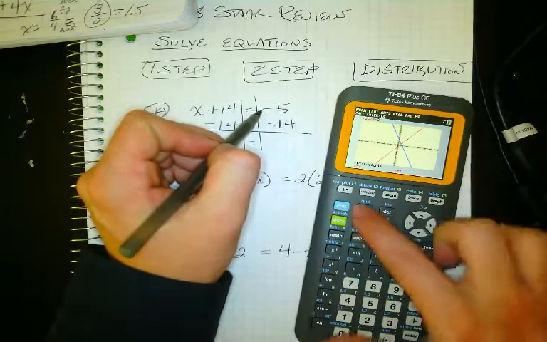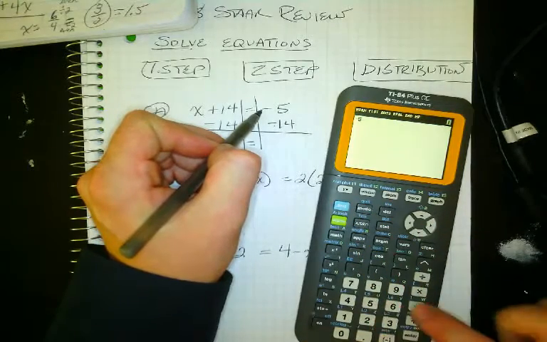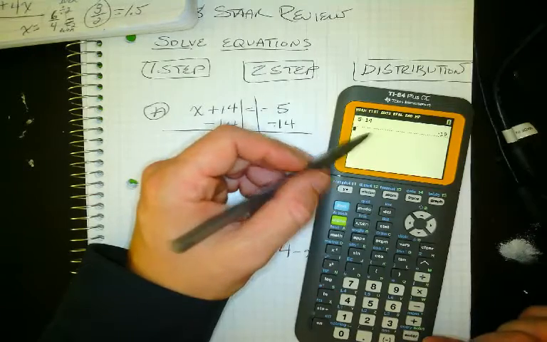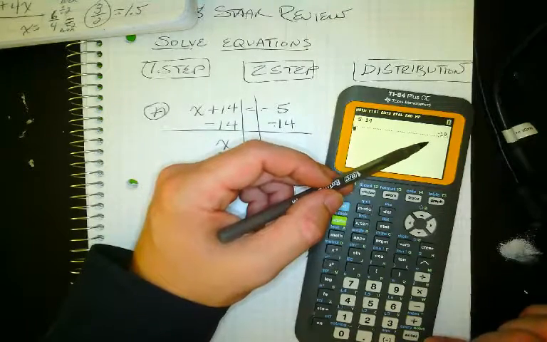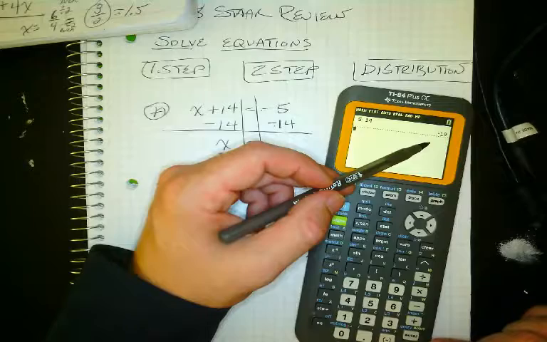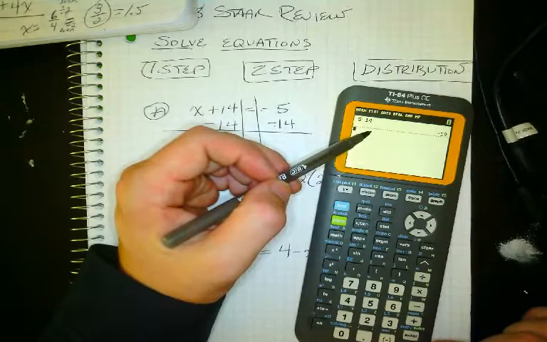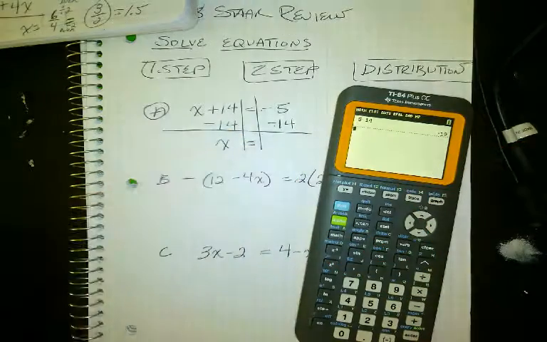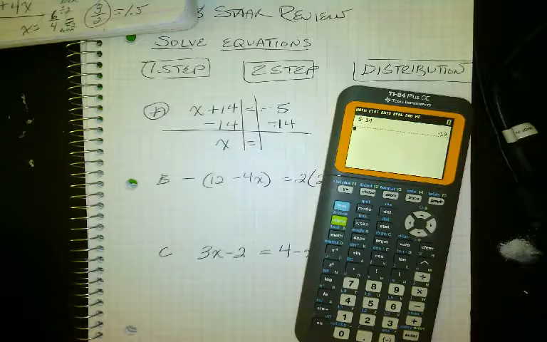Negativo 5. Y menos 14 aquí. Minus negative. Double negative gives you the positive.